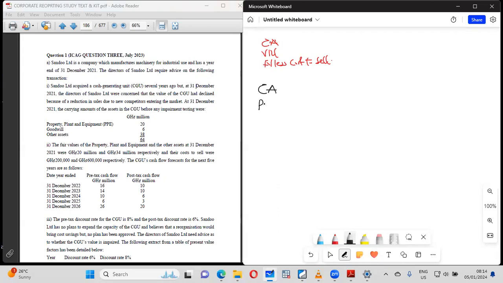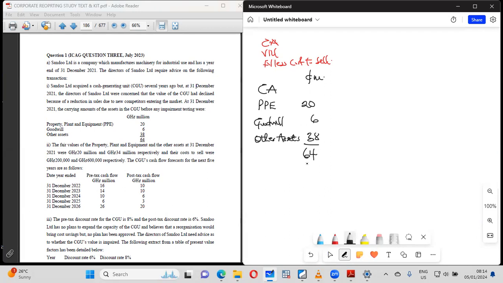We have PPE here, which is 20 million. Our figures are also in millions. We have goodwill of 6, then other assets of 38, and that gives us a carrying amount of 64.